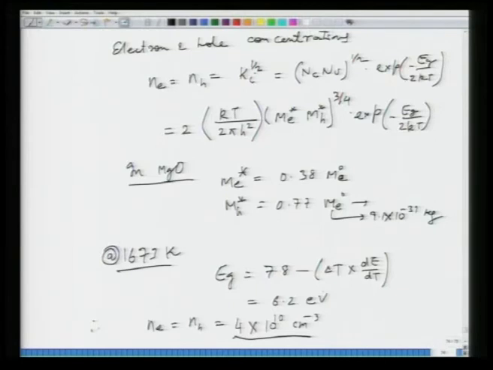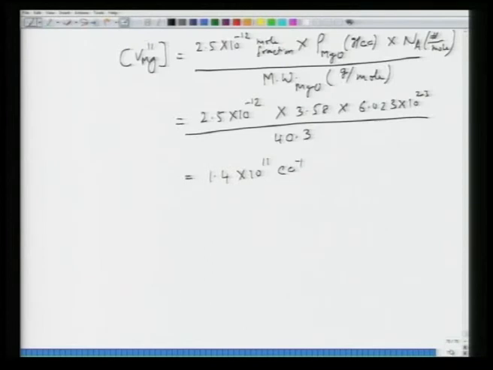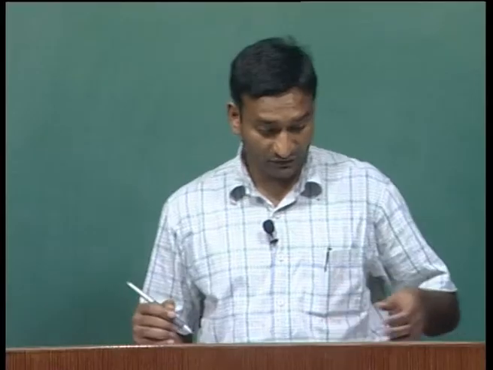So, there is a difference of 1.5 electron volt, but still the Schottky defect concentration in MgO is much larger, about an order of magnitude larger as compared to electronic concentration. So, you can see which defects will dominate at a given temperature using this kind of analysis.